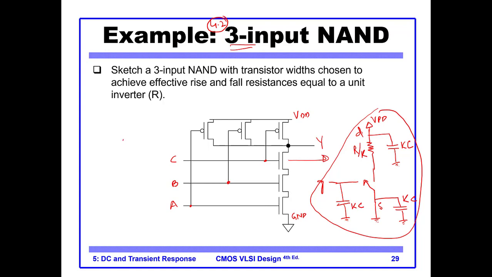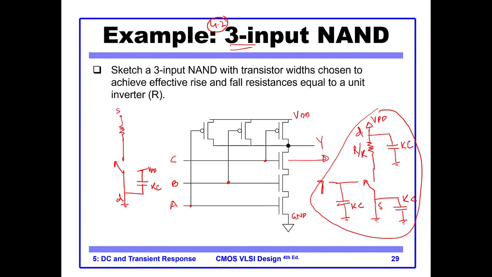We have the switch here, which represents our transistor, and then we have the drain here. So the drain is below, and we have a capacitor. This is the drain capacitor, it is equal to Kc, and then with the source we have a resistance.